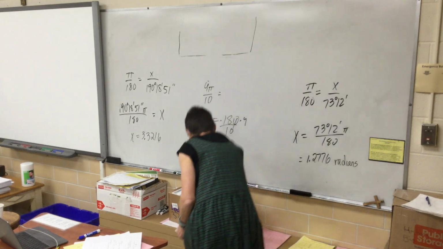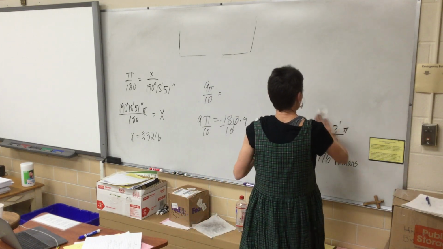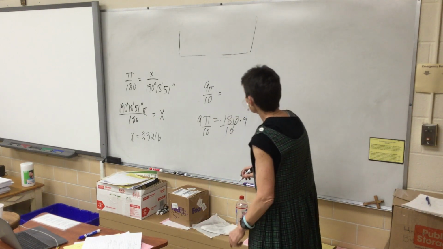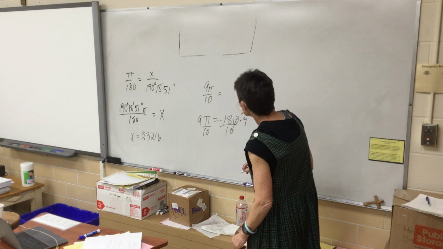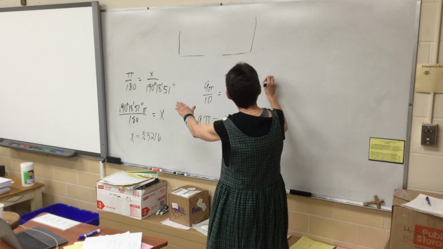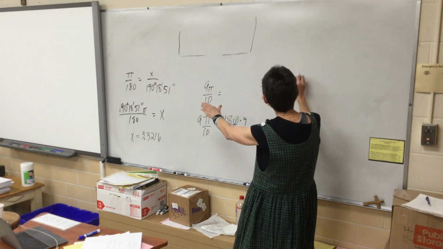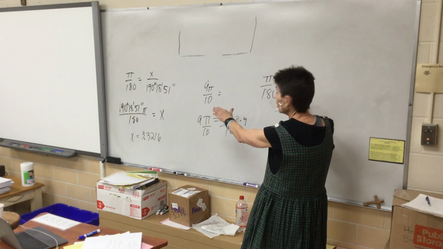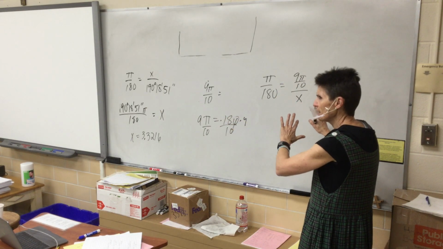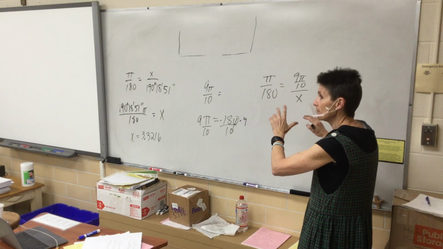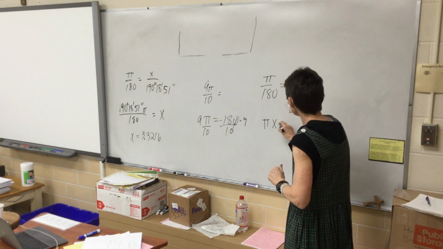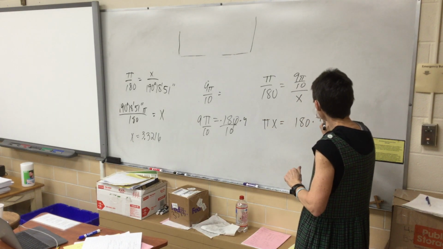Okay, I can tell by blank looks that's not making sense. So we're going to go ahead and do it with our proportion. You have to be careful. It's pi over 180 equals 9 pi over 10 over x. That would be your proportion. So I don't remember everything you said, but if that's what you said, yes, that's right. So we have pi x equals 180 times 9 pi over 10.